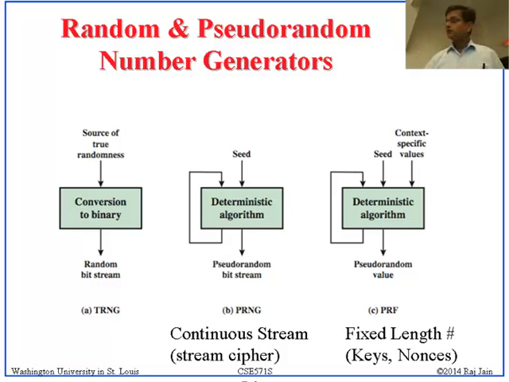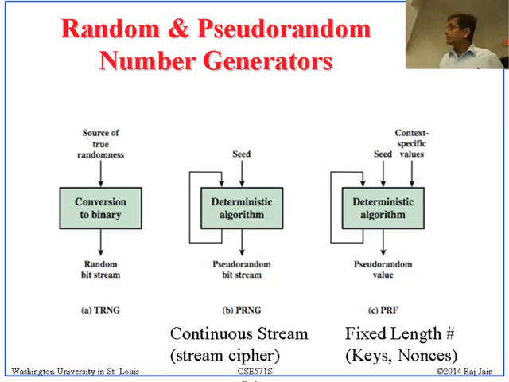As opposed to LCG, where given two or three numbers, you can figure out what the seed is, what the multiplier is, what the adder is, and therefore you can predict the rest of the stream. That's why they call it pseudo to begin with.